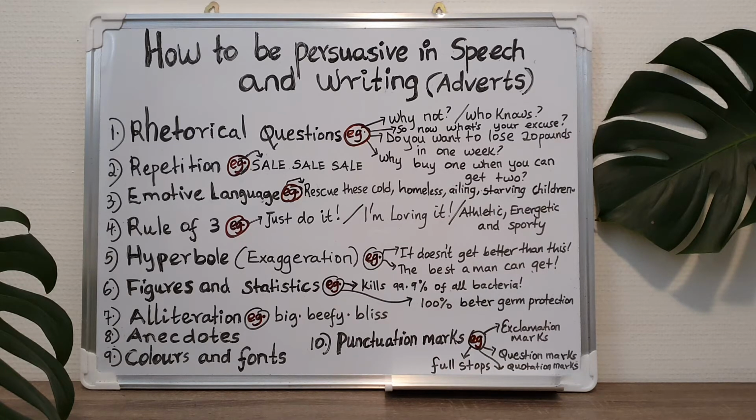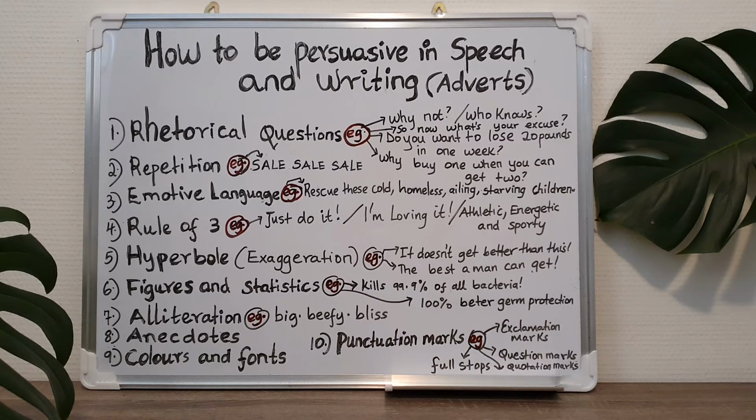And it's up to you to choose your language very carefully in order to ensure that your audience experiences the feelings or the emotions that you want them to experience. So your choice of words should trigger the feelings that you want your audience to experience.